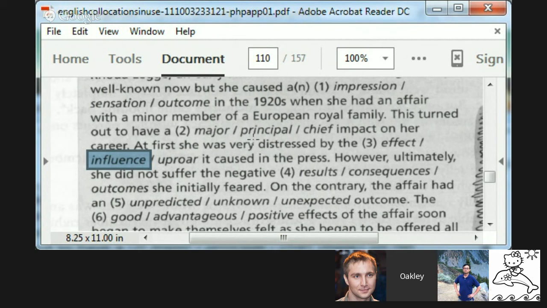She's probably distressed by the uproar. Okay. An uproar can be angry, but it can be just a lot of controversy and negative publicity. Maybe nobody's angry with her, but they're accusing her of being a loose woman.